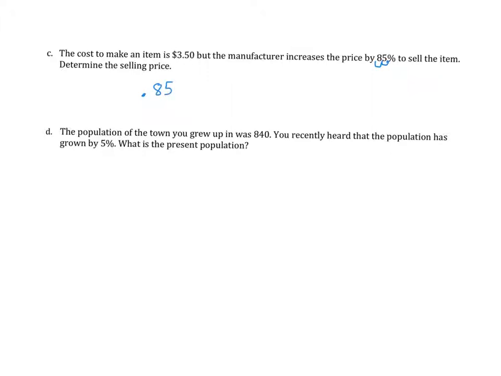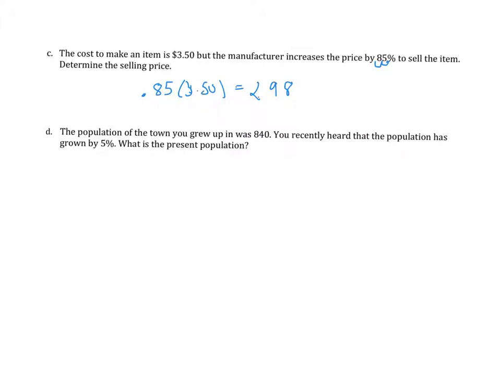And we're going to multiply that by our price. So 0.85 times $3.50 gives us $2.97, or actually 98 cents if you're rounding.